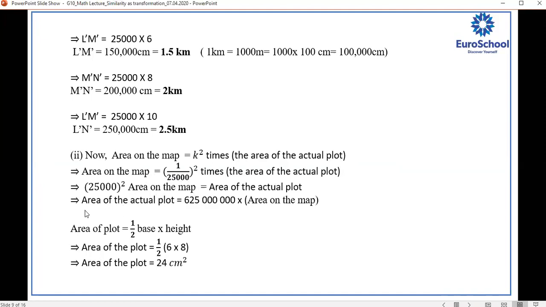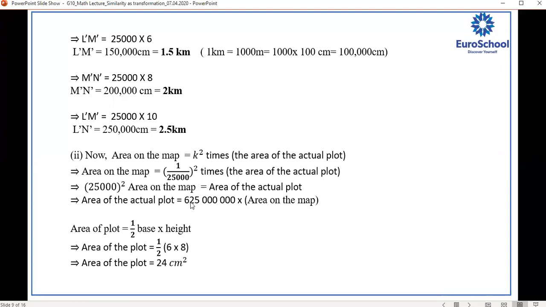Now, general formula here. Area of the actual plot is equal to 625 and 6 zeros. 1, 2, 3, 4, 5, 6 zeros. Now, how have I done the square of this? Do I actually need to multiply everything? No. Look here. Square of 25 is 625. Then I have 3 zeros.